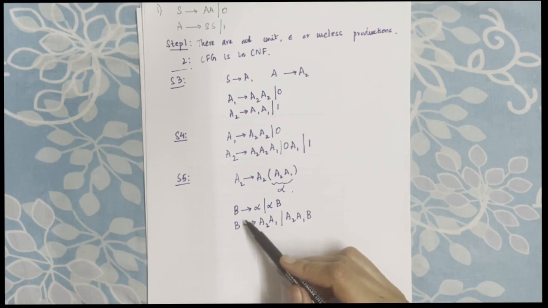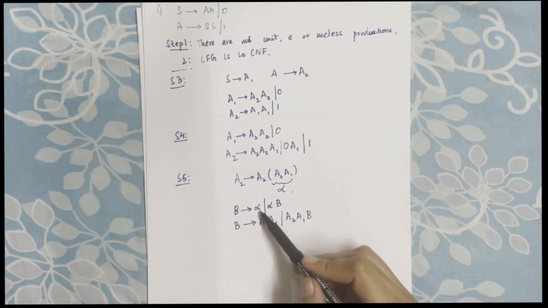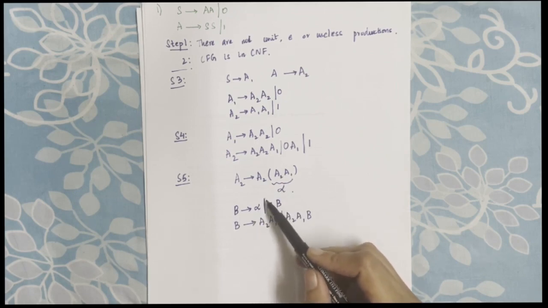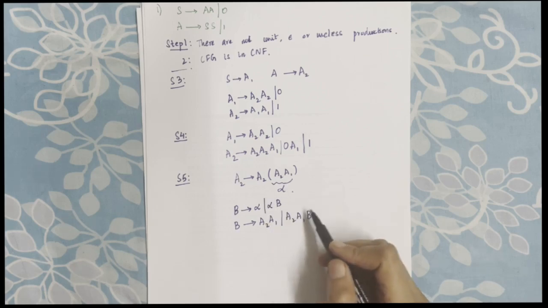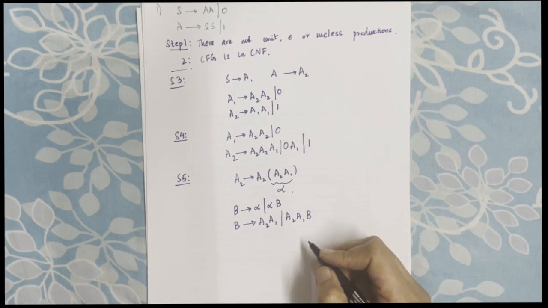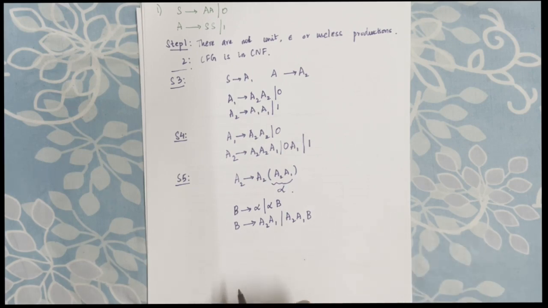I should introduce a new production rule: B gives A2 A1 or A2 A1 B. So this is the new rule that I get. And now this B has to be added to the remaining rules. So now let us write the complete list of rules here.